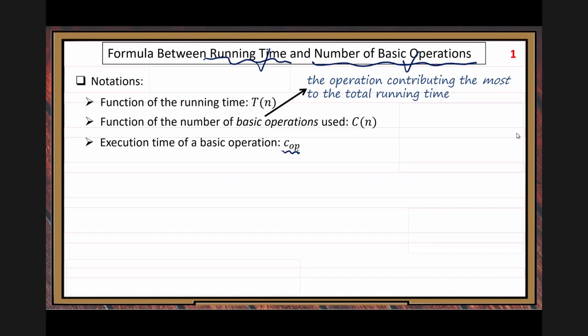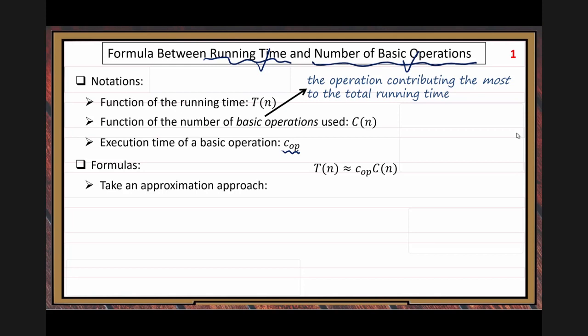We get several numbers, then we take the average, so we get this number c op. Then we can write the formula. We take an approximation approach, because it's very hard to get a very accurate expression. We can only use our formula to approximate. So T of n is approximately equal to little c op times capital C of n.